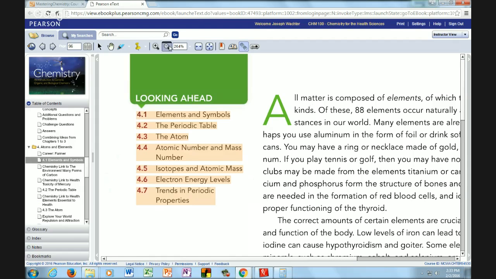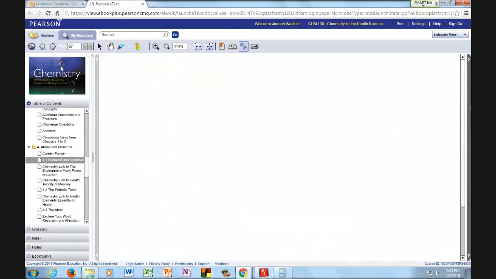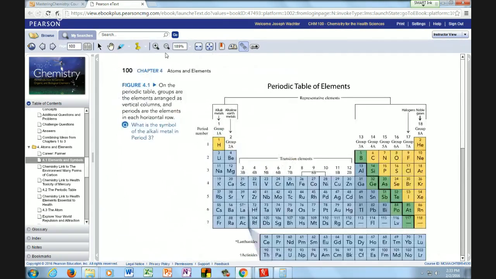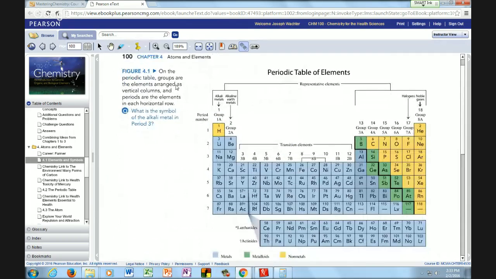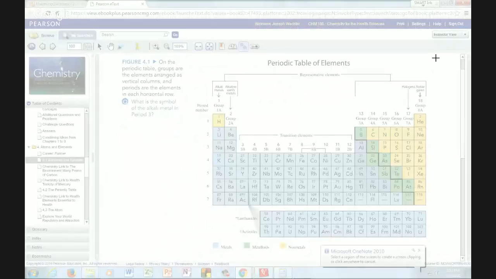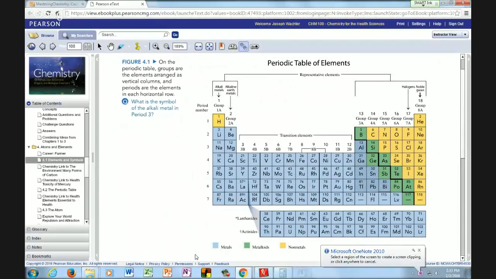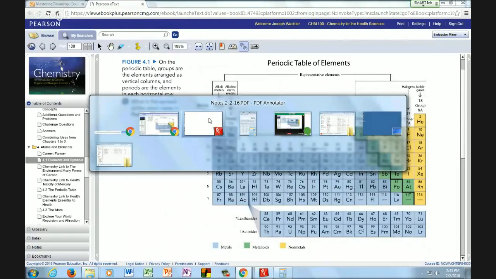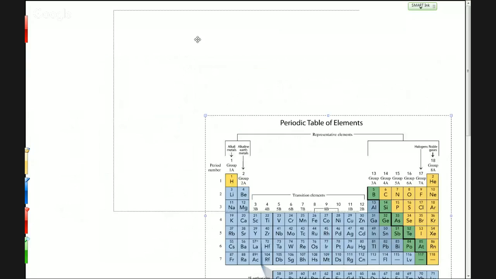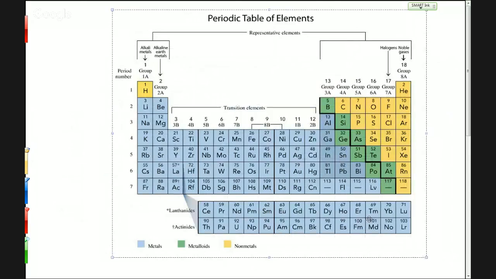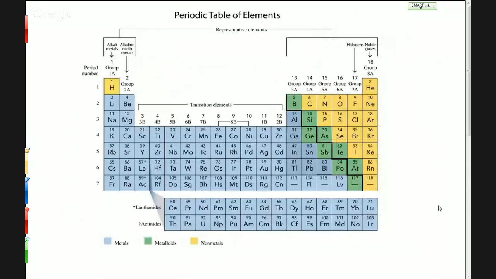And I want to pull down a somewhat familiar figure here. This one. All right, has anybody ever seen this before?